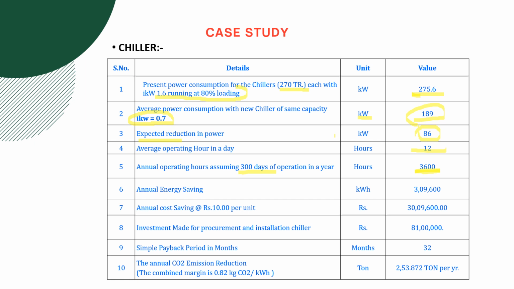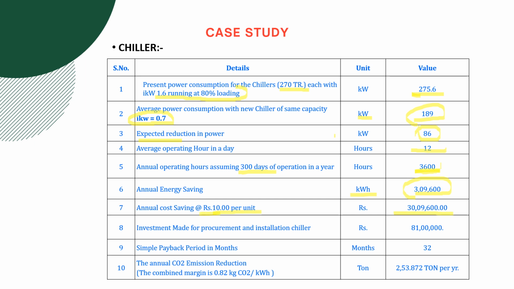Now the annual energy saving in kilowatt hour will be 3,09,600, by multiplying 3600 into 86. Annual cost saving at rupees 10 per unit.